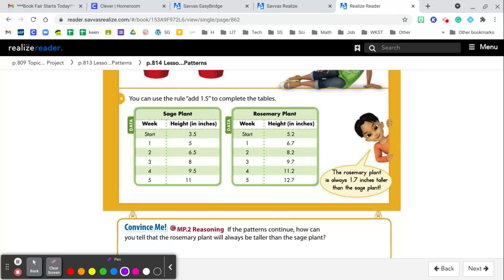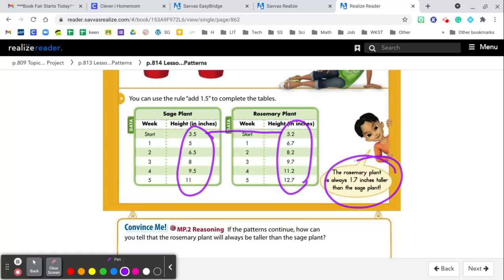So you can see we've had the sage plant data and the rosemary plant data. Starting from the first pairs, 3.5 and 5.2, we can always say that the rosemary plant is always going to be 1.7 inches taller than the sage plant. And the way I figure that out is I just do simple subtraction. Remember, I've got to regroup here. And you can do that with any pair.